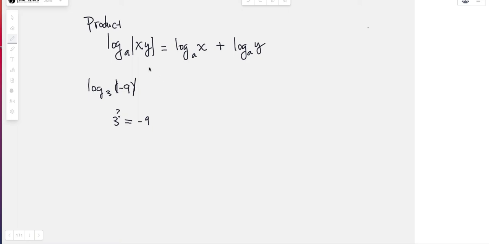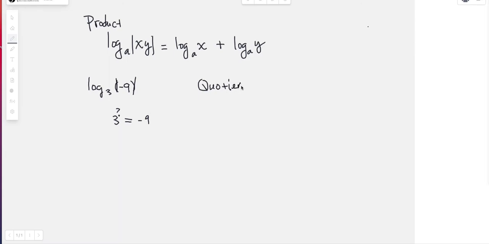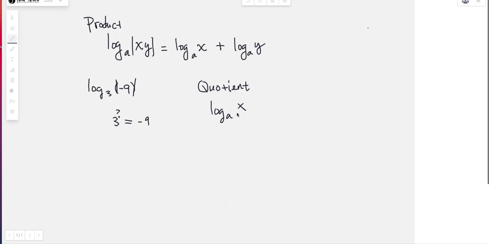So we just wrote down the product property. Now let's write the quotient property. Quotient is another word for division. Can you state the quotient property for, say, log base a of x divided by y? Again, technically we're supposed to have absolute values.